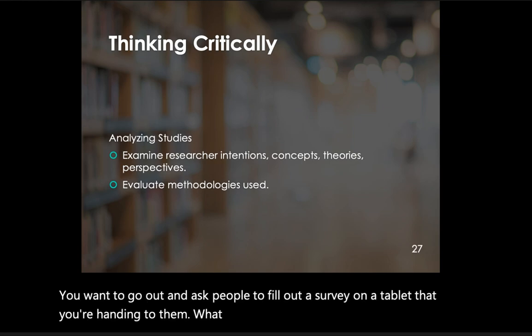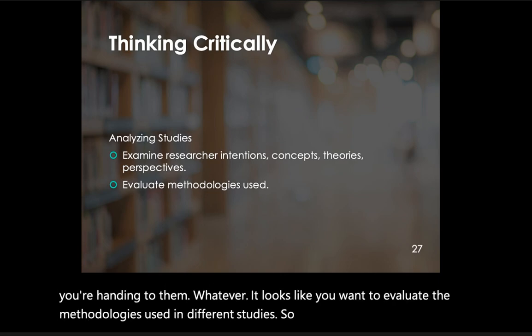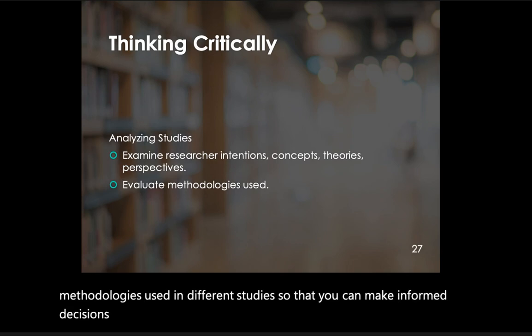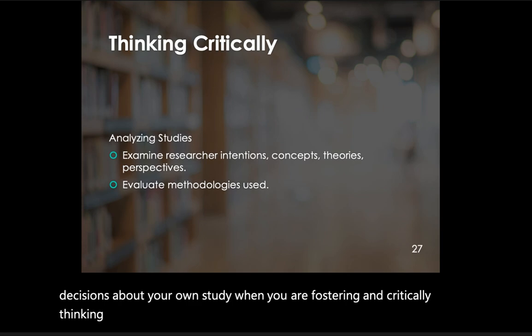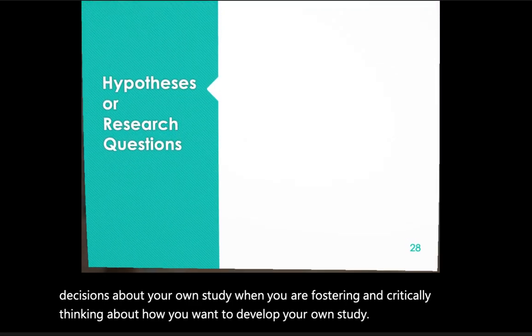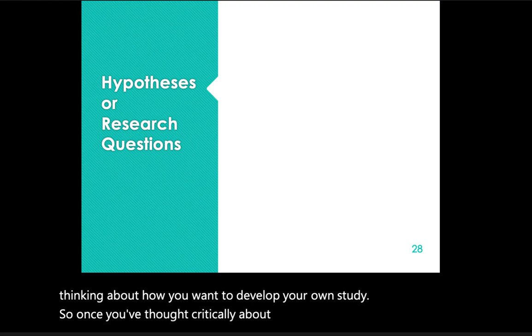Whatever it looks like, you want to evaluate the methodologies used in different studies so that you can make informed decisions about your own study when you are fostering and critically thinking about how you want to develop your own study. So once you've thought critically about your research, you write up your literature review.